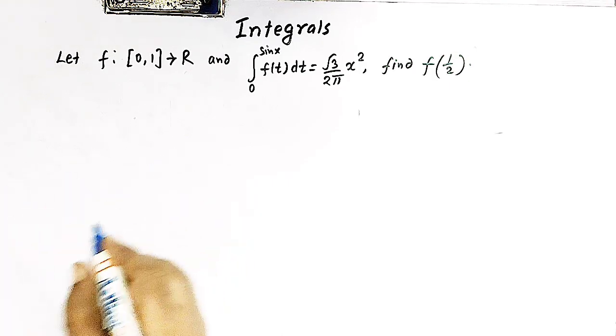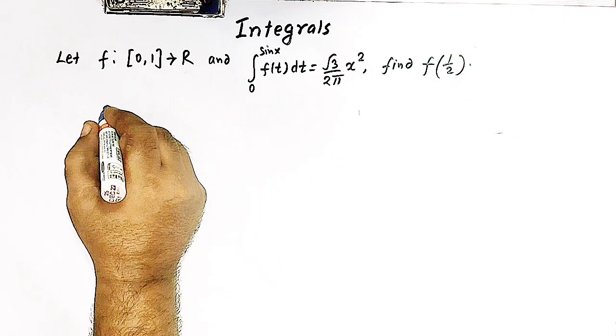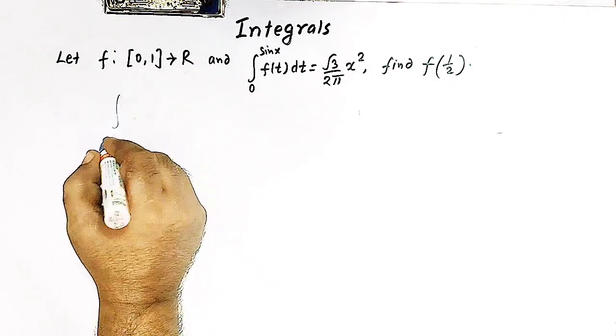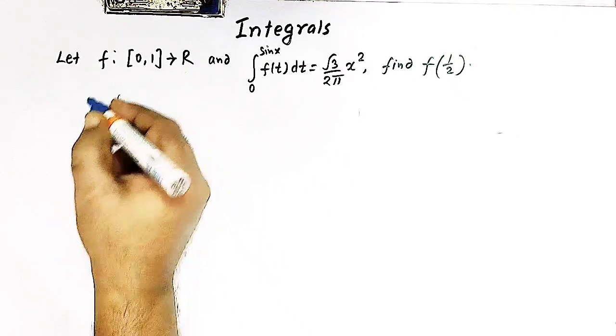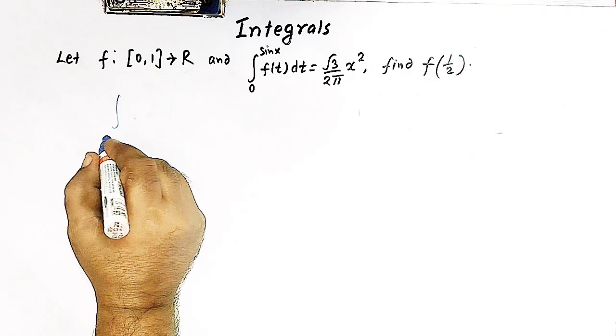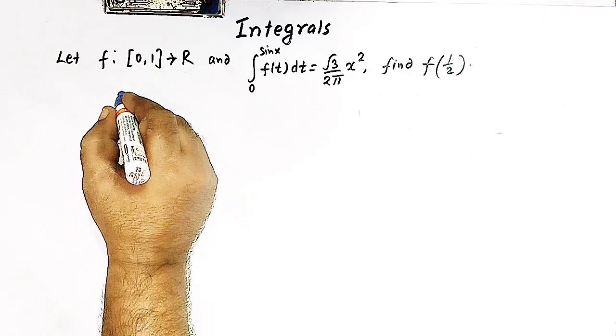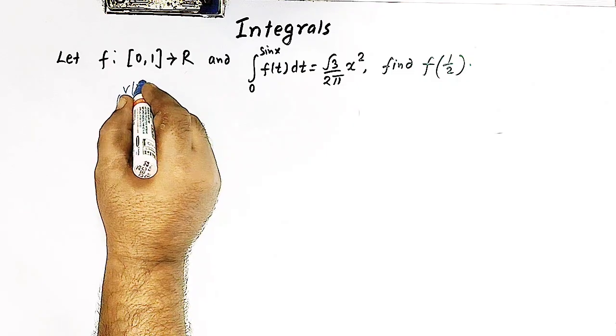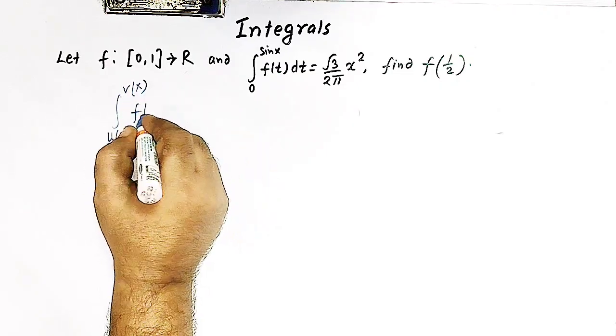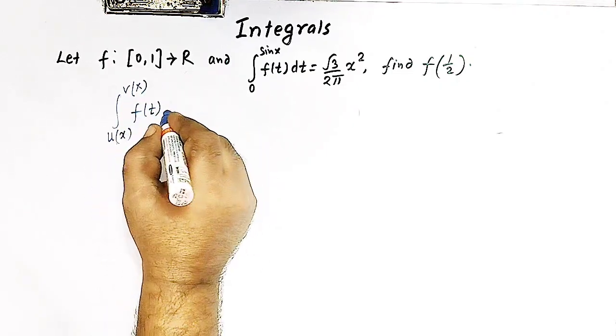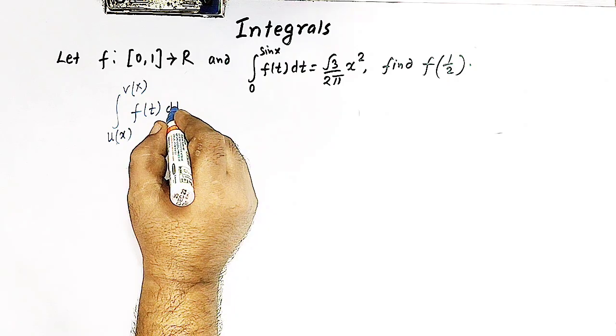Now, Leibniz integral rule states that if we have an integral whose upper and lower limits are functions of x, suppose the lower limit is u of x and the upper limit is v of x, and here we have a function f of t, and here we have dt.